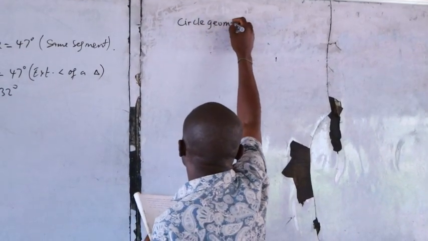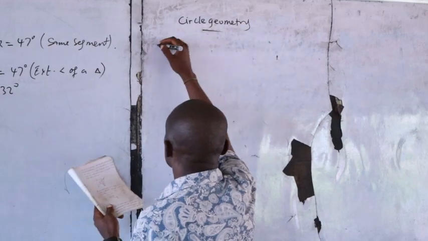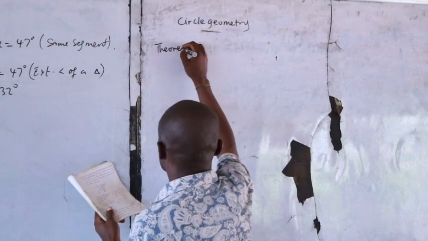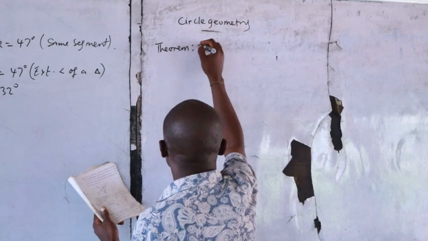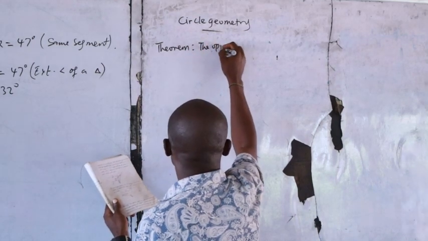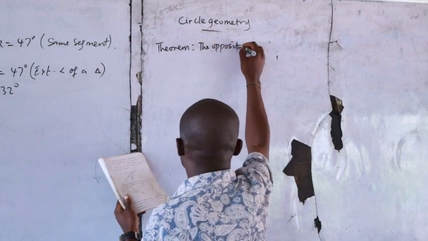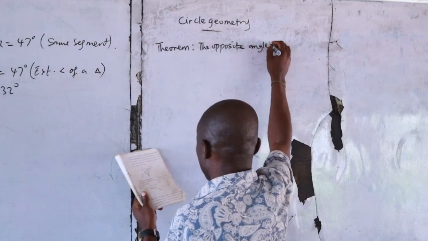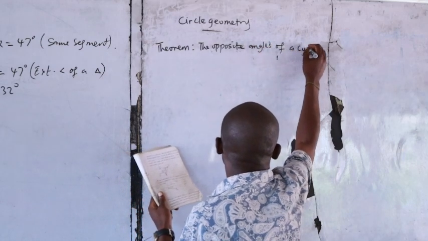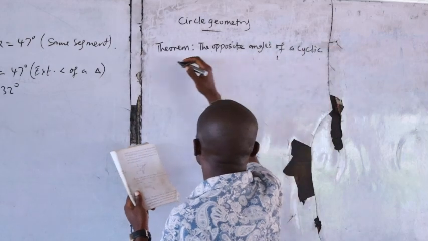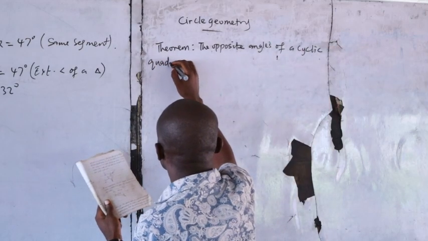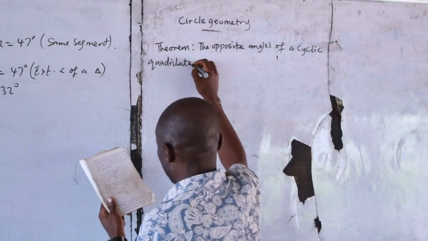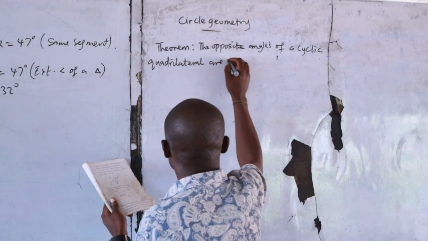The topic is still circle geometry. Theorem: the opposite angles of a cyclic quadrilateral are supplementary.